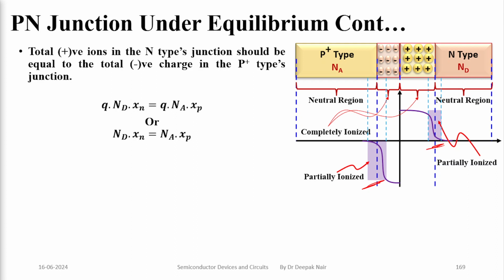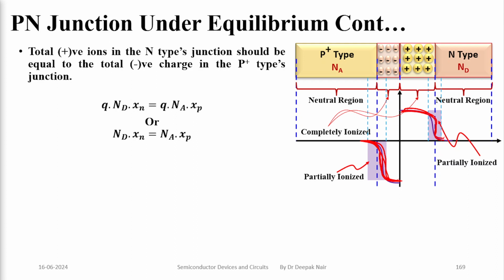So we have three regions basically. One is the neutral region, second is the completely ionized region, and third is the partially ionized region. The gradient of this ionization is represented by this curve shown in the purple line, and we can see this is an exponential function, and here also we have an exponential function.